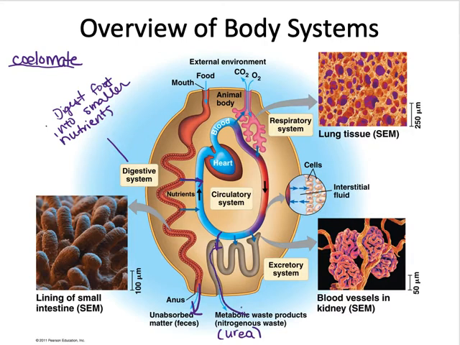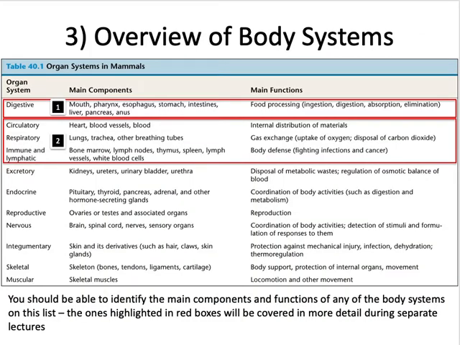So our metabolic wastes are disposed of by a different system than our digestive wastes. We are going to cover a lot of the organs and tissues of the digestive, circulatory, and respiratory systems. And since we're going to be discussing blood, we're also going to touch briefly on the immune system in the second lecture.